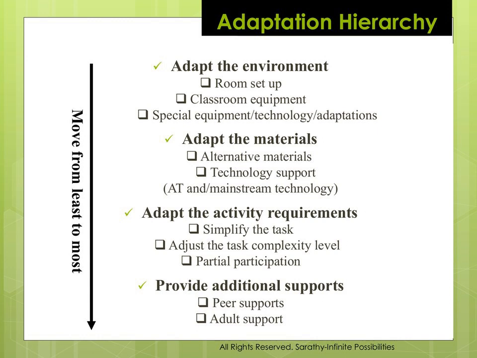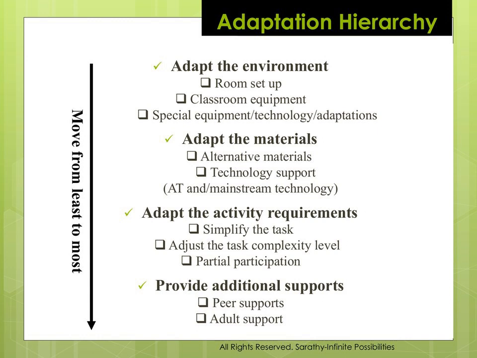And we are looking at an adaptation hierarchy. We always have to move from the least amount of adaptation, and then gradually, if it doesn't work, increase the adaptation level. So we have to look at, for example, how can we adapt the environment? How do we adjust the student's positioning? How do we provide the student an opportunity to look at the materials?